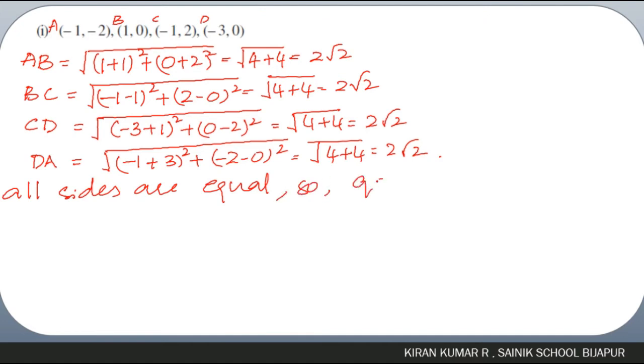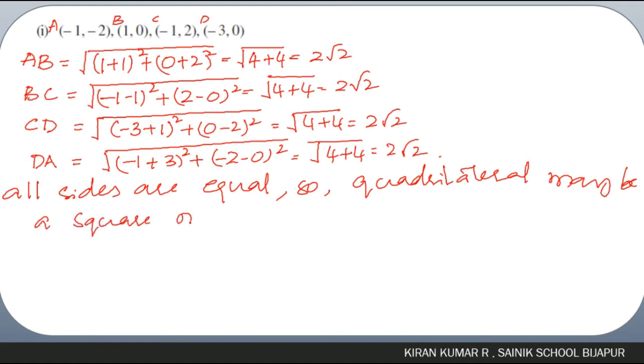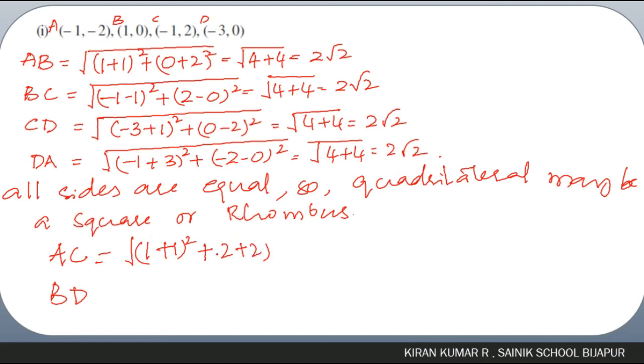So the quadrilateral may be a square or rhombus. To have a distinction between whether it's a square or a rhombus, let's find out the length of the diagonals. The length of AC will be 1 plus 1 whole square plus 2 plus 2 whole square.